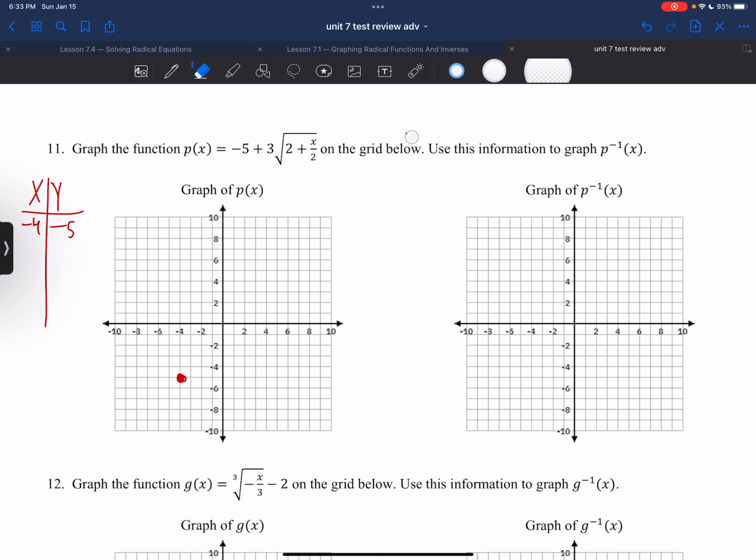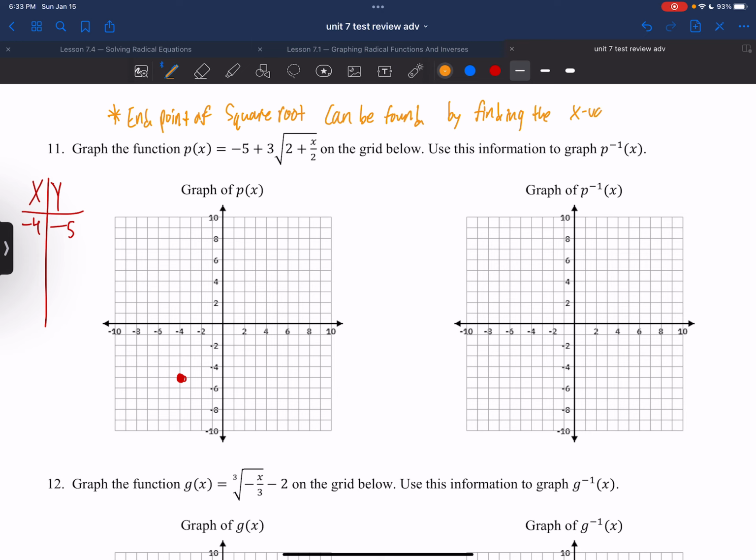And maybe I'll write that down. Endpoint of square root can be found by finding the x value that guarantees root 0.